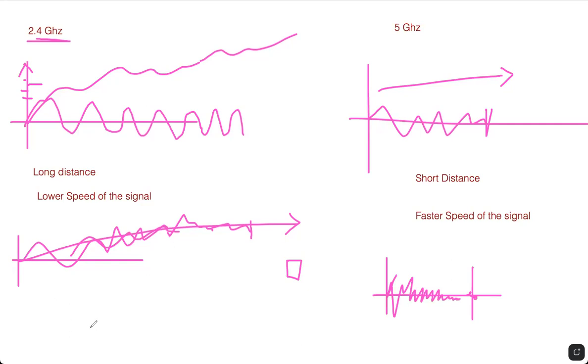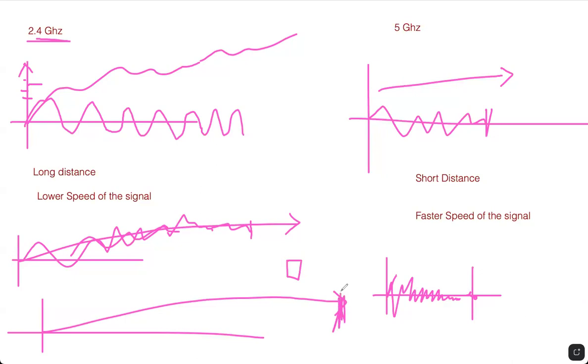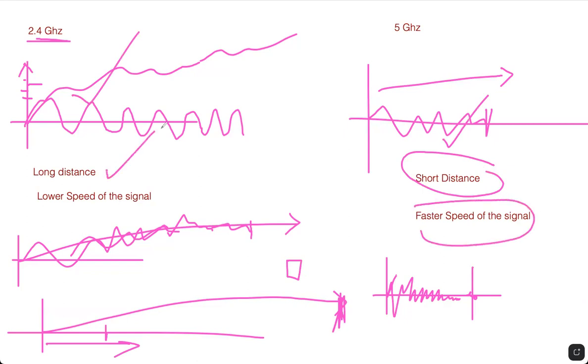Think about throwing a ball. If you throw for a long distance, the velocity will get lower and lower by the end, right? But if you're going for a short distance, the speed will be very high. That same thing applies to 2.4 versus 5 GHz. It can go only a short distance, but with the faster speed. It can go a long distance, but with the lower speed of the signal. That's how the signal transmission takes place on 2.4 versus 5 GHz.